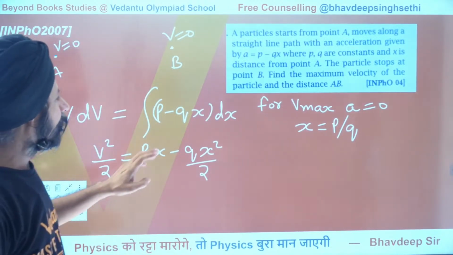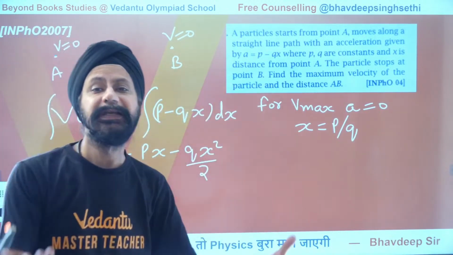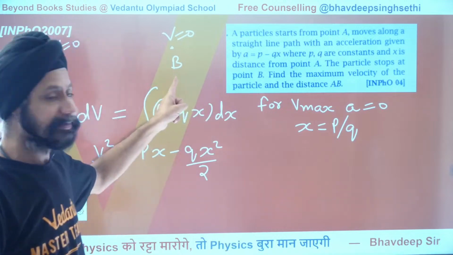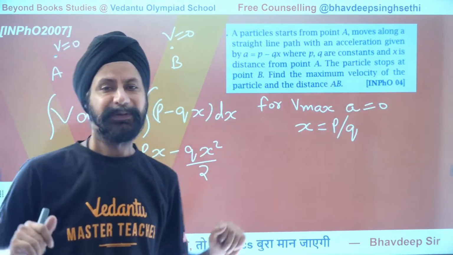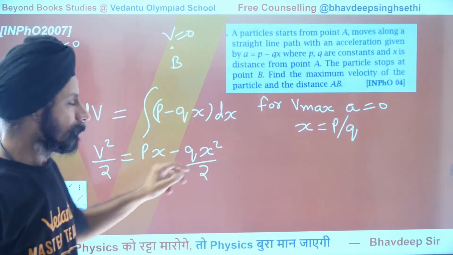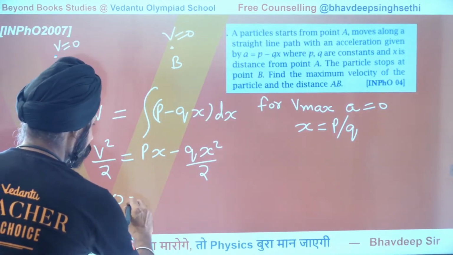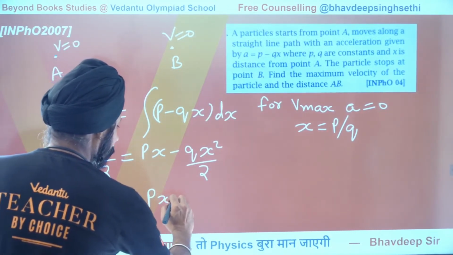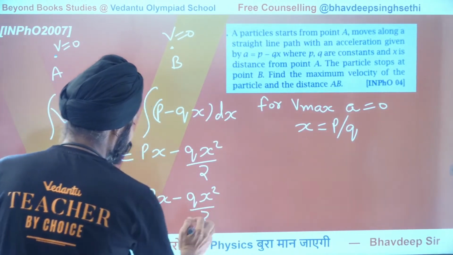Now they're saying, what is the distance AB, as in what is the position when the velocity again becomes zero? It stops here. How much is AB? It is when velocity is zero. So you plug in zero here. So you say 0 is equal to px minus qx squared by 2. Now notice one very interesting fact.